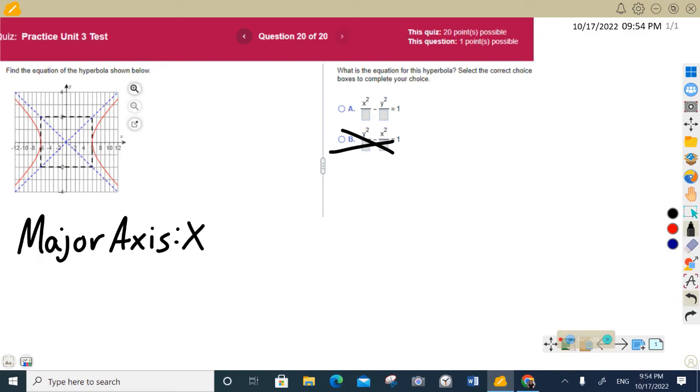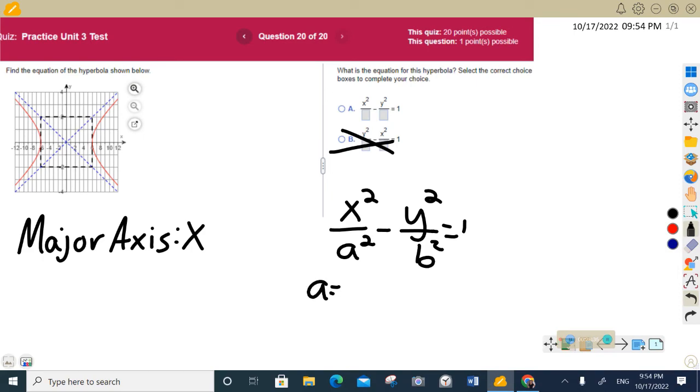Now remember, underneath the major axis is your a squared, and underneath your minor axis is the b squared. Well, where do you get a and b? A is the distance from the center to the vertex.